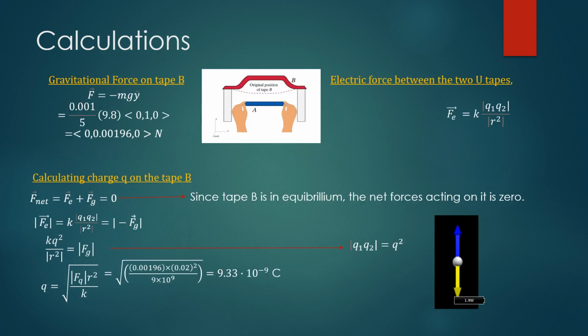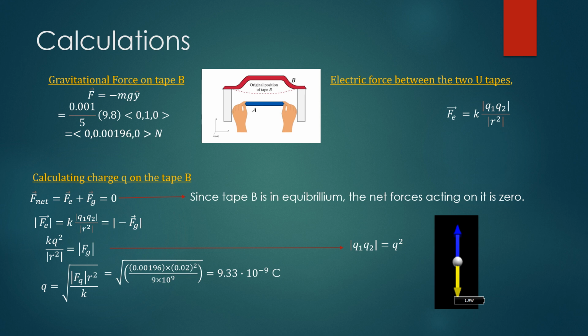Moving on to calculations, we start out by finding the gravitational force on tape B. Then by drawing a free body diagram on tape B, we found out that the electric force and the gravitational force are opposite. Also, since the tape is floating, the net force on the tape according to Newton's second law is zero because the change of momentum is zero.